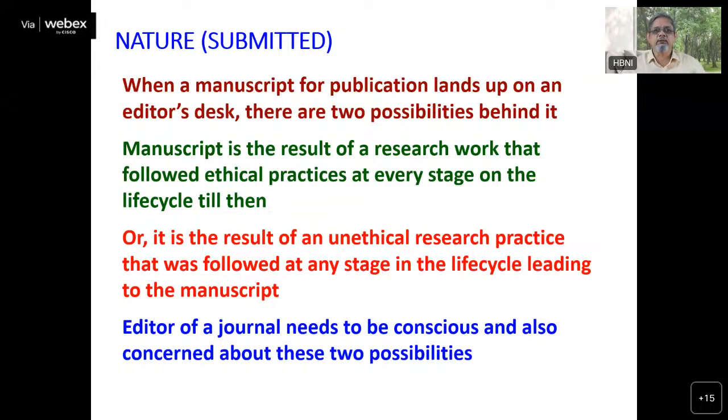Of course, it's an extremely difficult thing for him to judge immediately, but he needs to be conscious about it and concerned about it all the time. So if there is some way that he comes to know about it, he should immediately be in a position to take action on this.